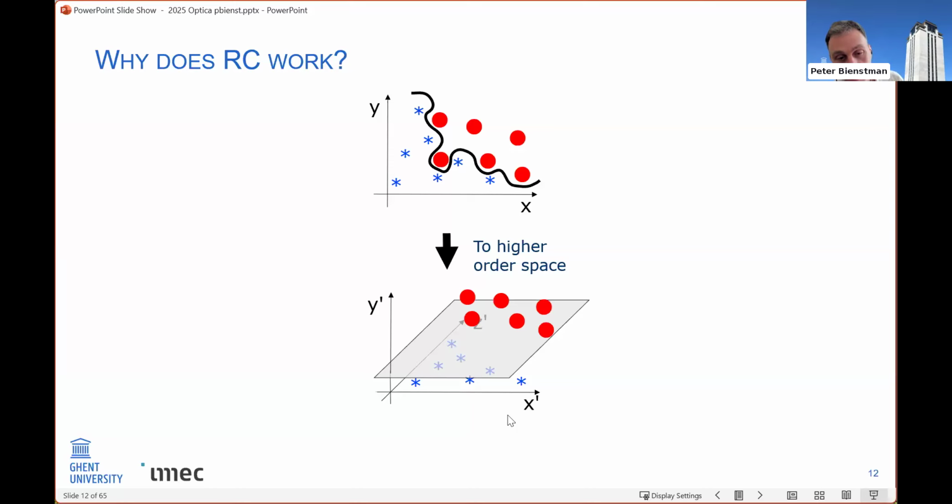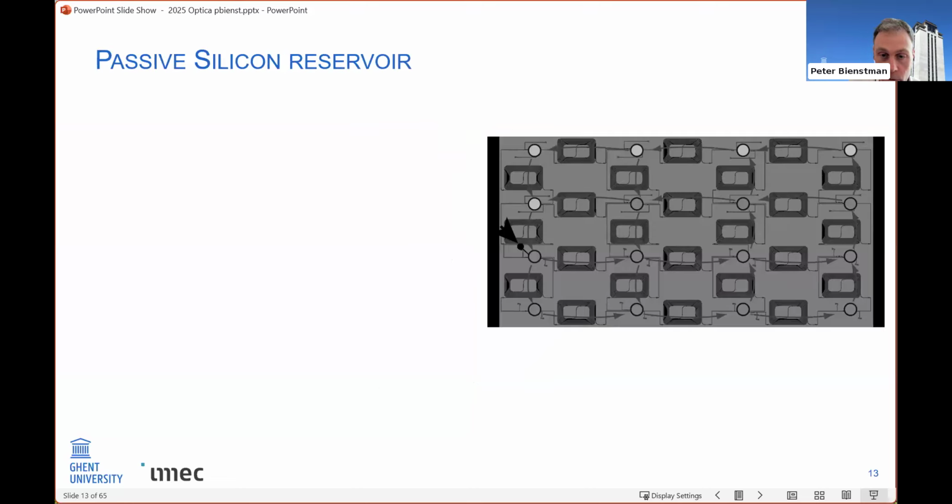And now you can separate your data with a very simple, boring linear classifier, a hyperplane in this case. Because this is a simpler classifier, it's not as prone to overfitting. So that's the whole goal of this reservoir computing business. It's basically a nonlinear filter which takes your data into a higher dimensional space where a simple linear classifier can do something useful. That's all there is to it.